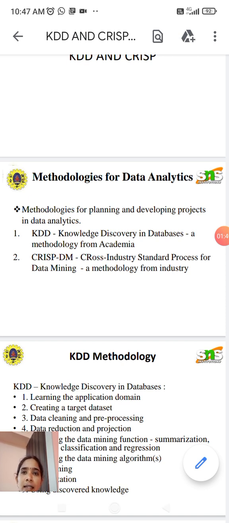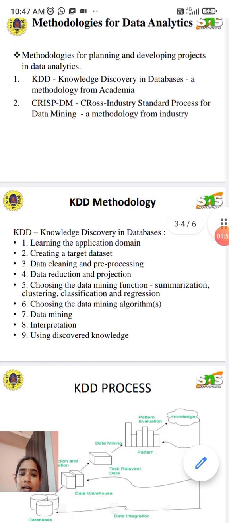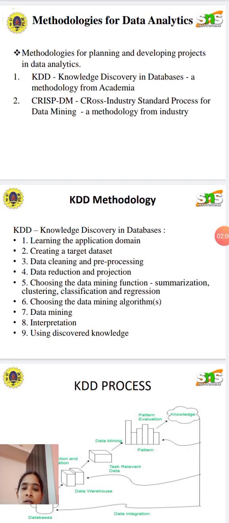They are learning the application domain, creating a target set, data cleaning and pre-processing, data reduction and projection, choosing a data mining function, choosing the data mining algorithm, data mining, interpretation, and last one is using discovered knowledge.